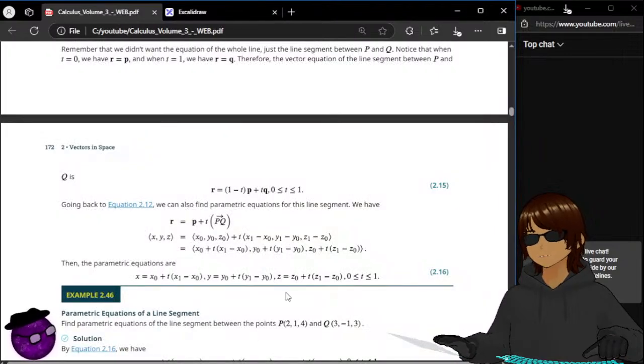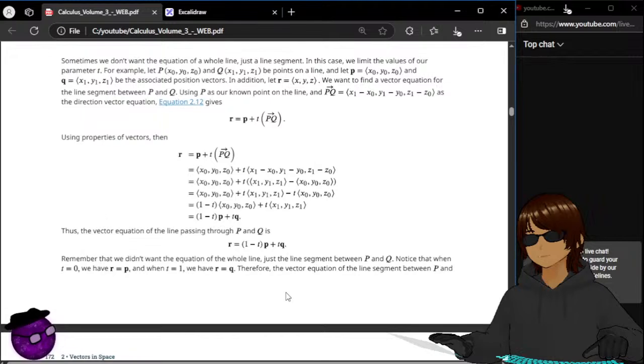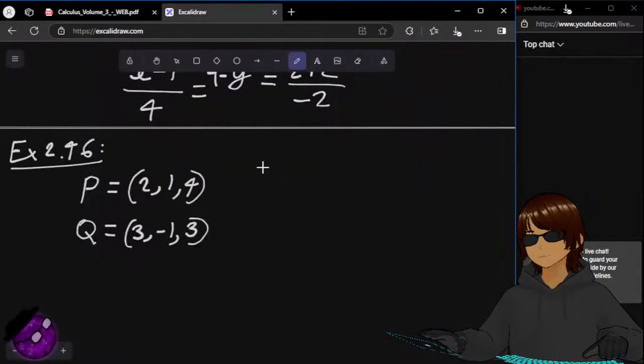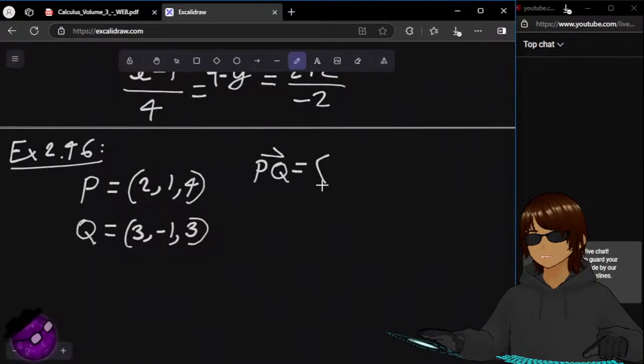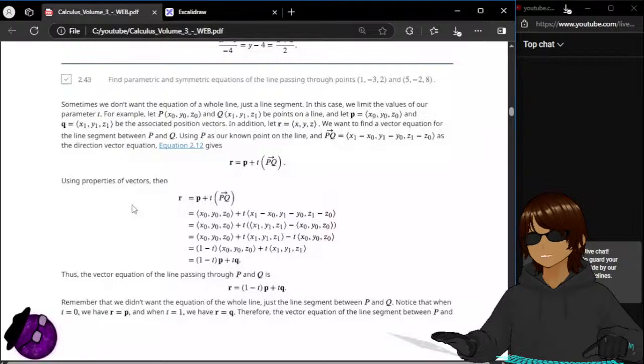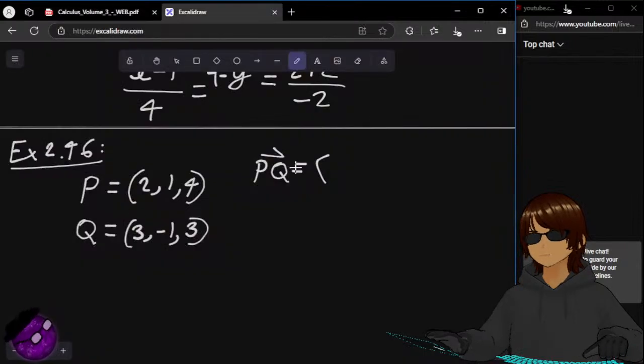So the vector going from P to Q is Q minus P, right? Yeah. 3 minus 2 is 1. Minus 1 minus 1 is -2.